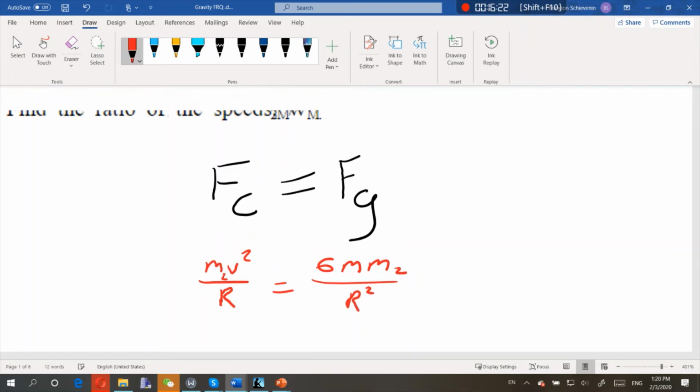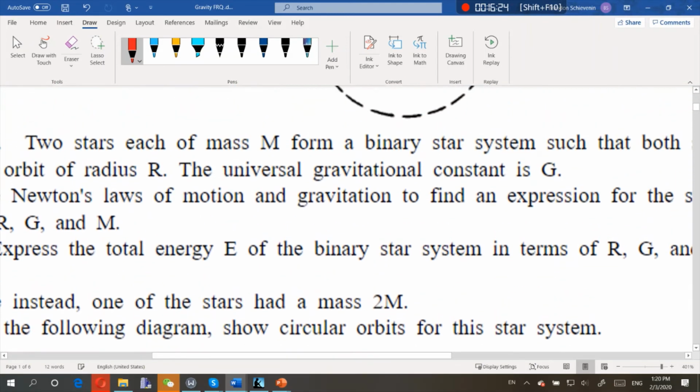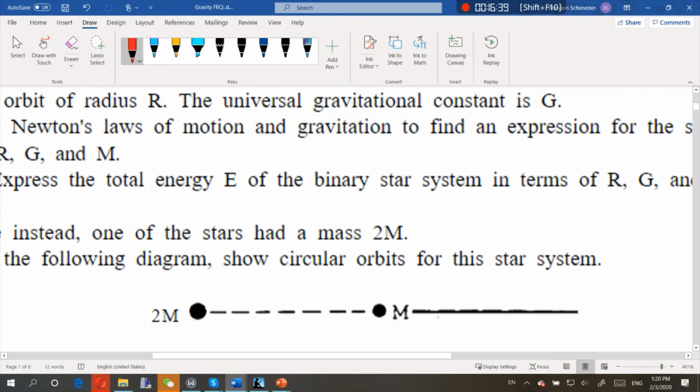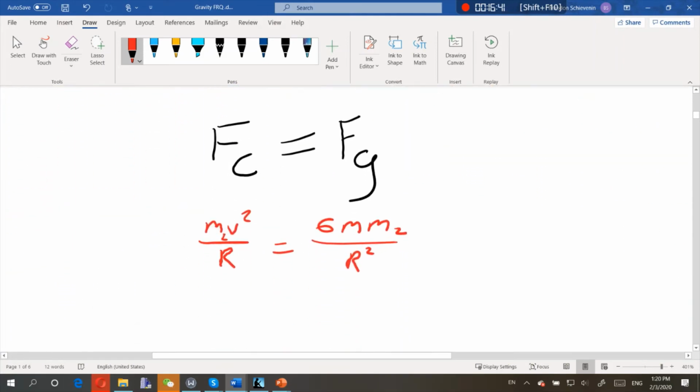Now let me go back to your picture for a second, because we need to change one thing. This capital R is really the distance between the two binary stars. Oh, it should be 2R. This should be 2R. Okay. 2R and 4R squared.